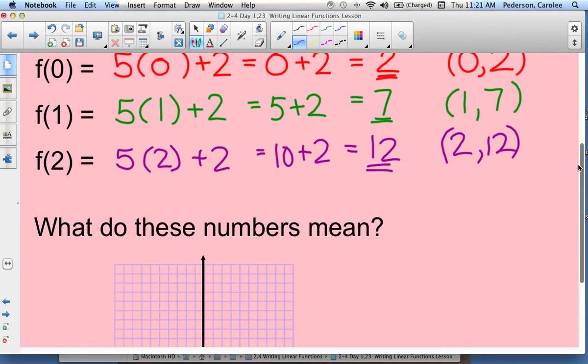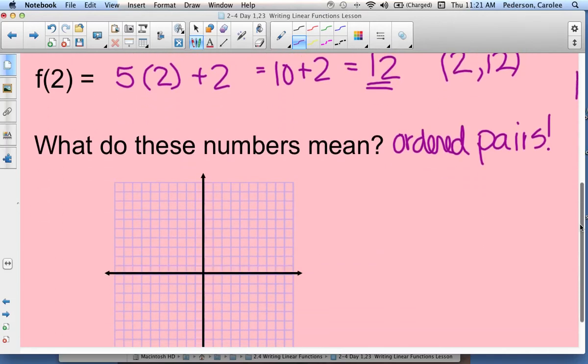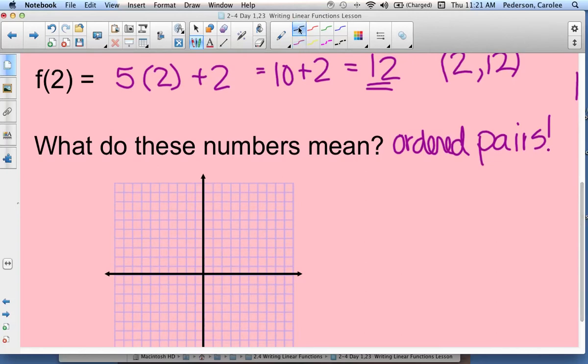So what do these things mean? They are your ordered pairs on your graph. So let's graph the first ordered pair, 0, 2. Here's 2.